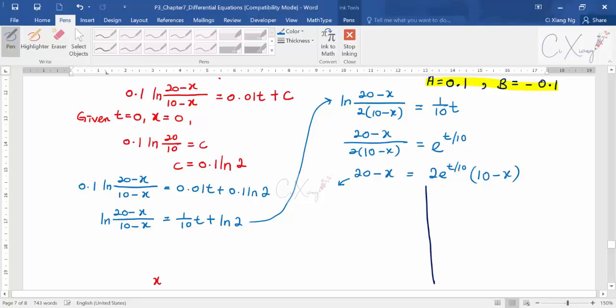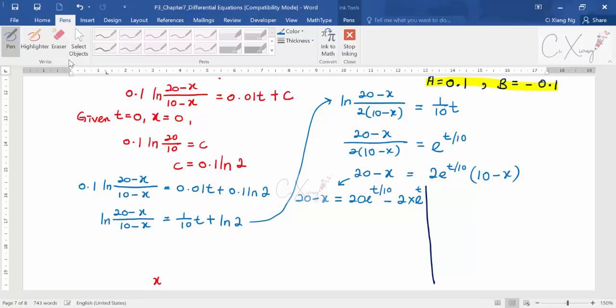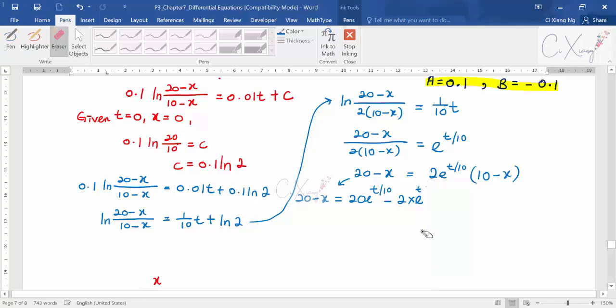If I expand everything, I have 20 minus x equals 20 e power t over 10 minus 2x e power t over 10. Not enough space, sorry.